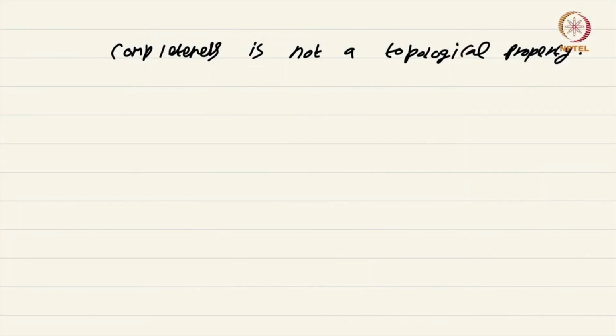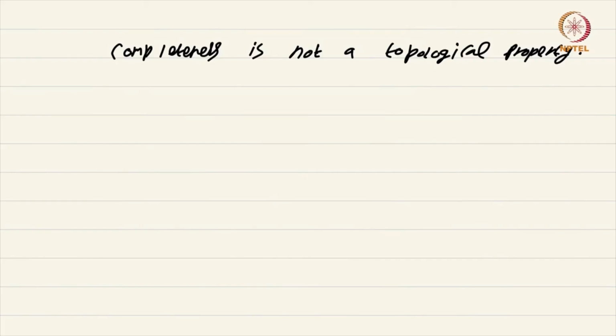So compactness is also defined in terms of sequences, but compactness turns out to be a topological property. So just because something is defined in terms of sequences does not mean that it is impossible for that to be a topological property.